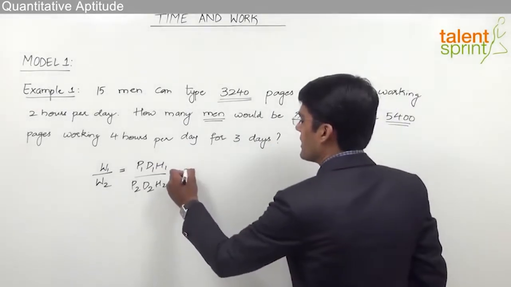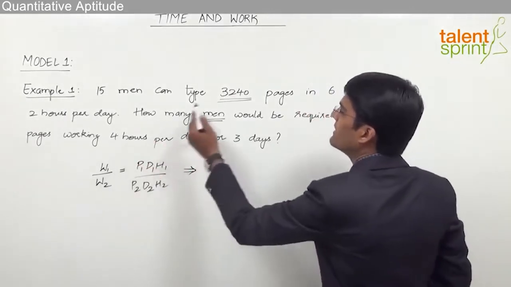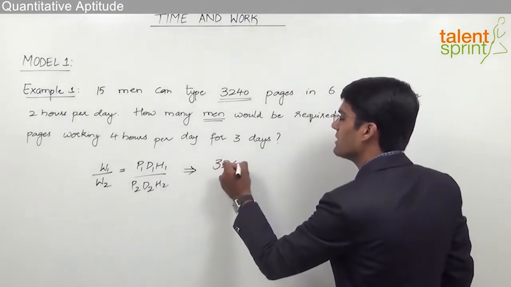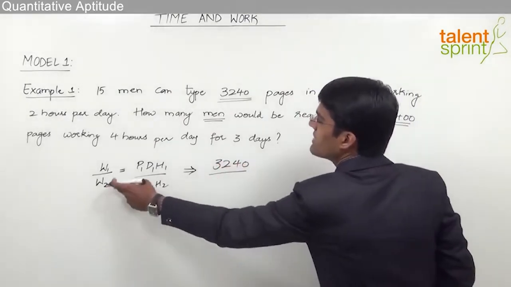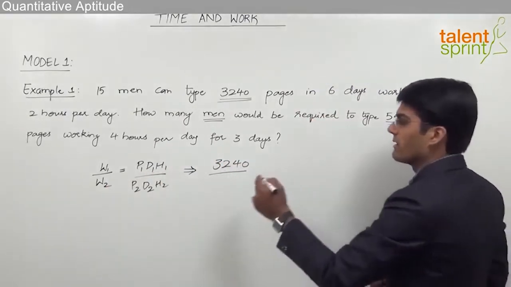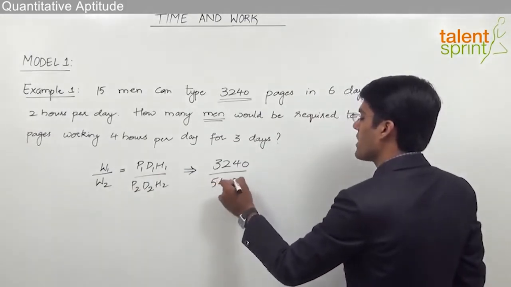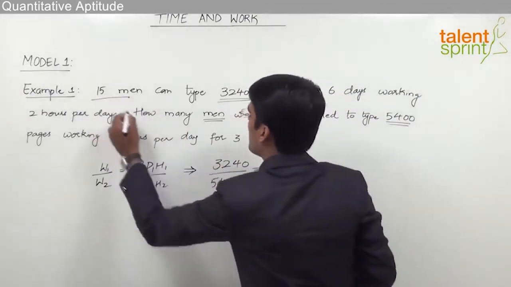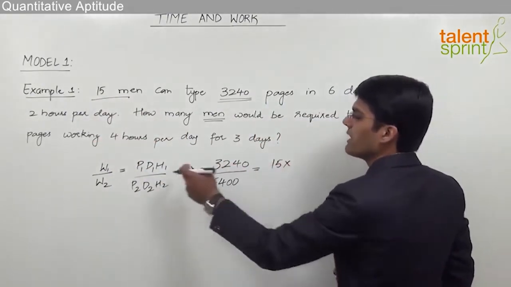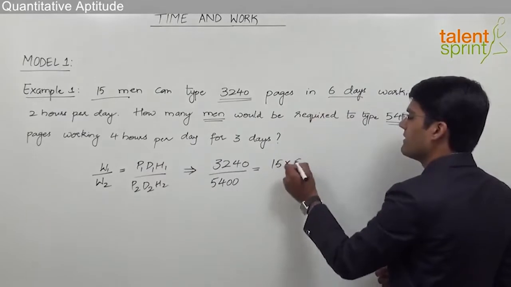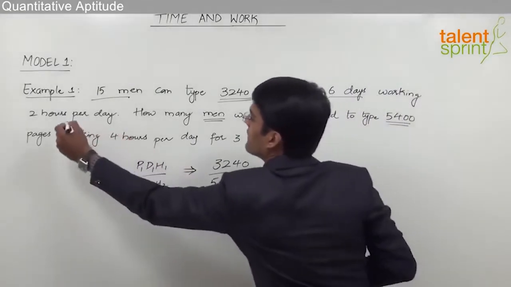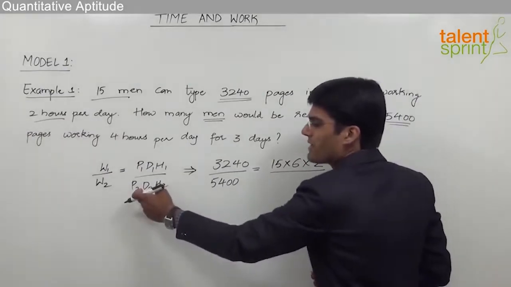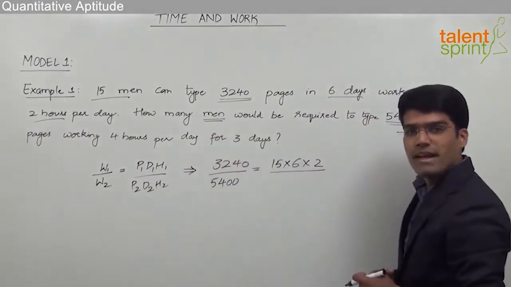So let us try to get the answer here. We know that W1 is nothing but 3240 pages. So this is nothing but 3240 divided by W2, which is 5400, should be equal to the number of persons in the first case, 15 men, so 15 into number of days, 6, into number of hours per day, 2, divided by the number of persons in the second case, that is number of men has to be calculated.